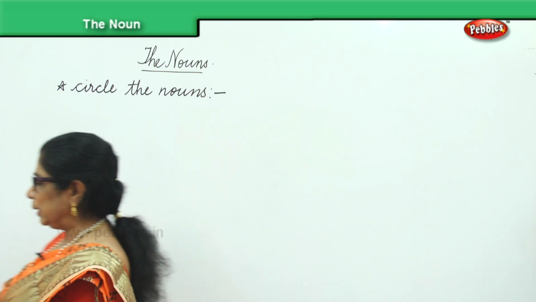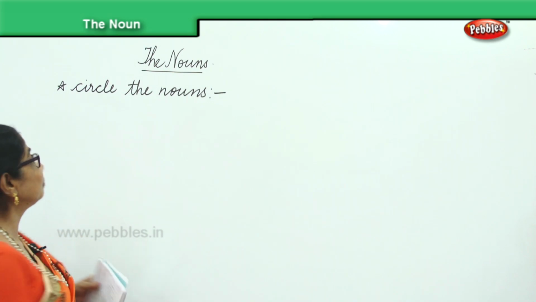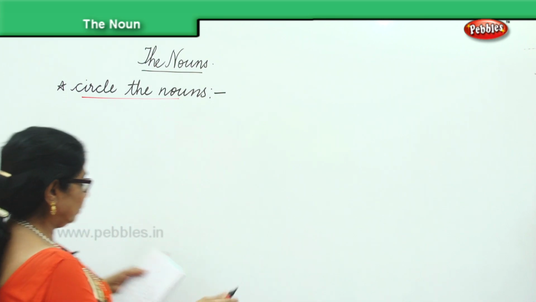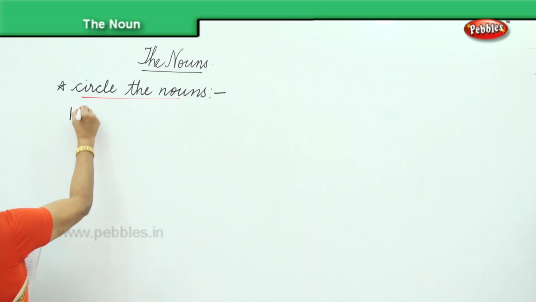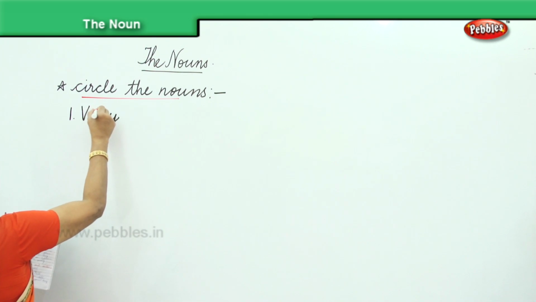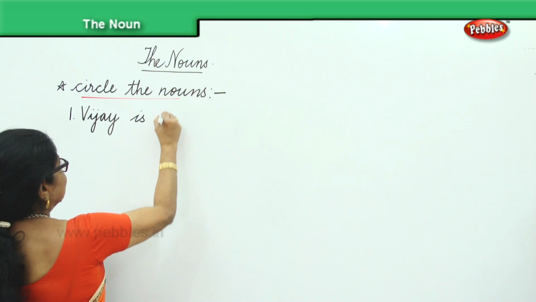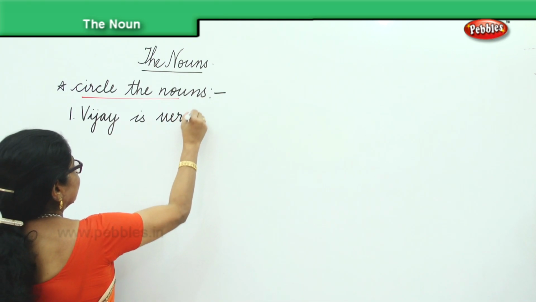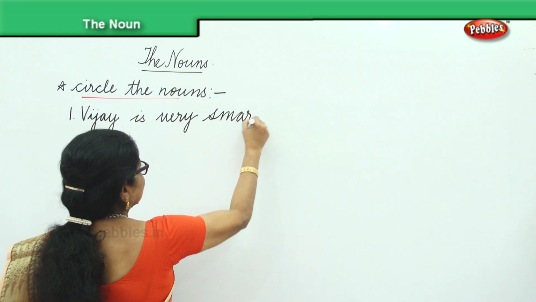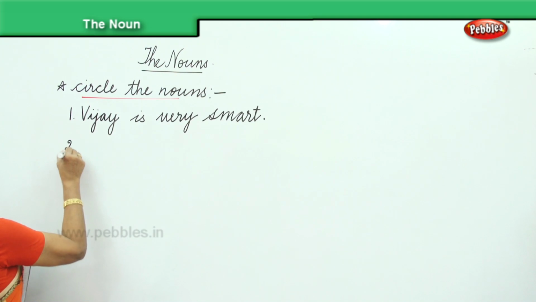What we are going to do is circle the nouns. Vijay is very smart. Begin with the capital letter, end with the full stop.